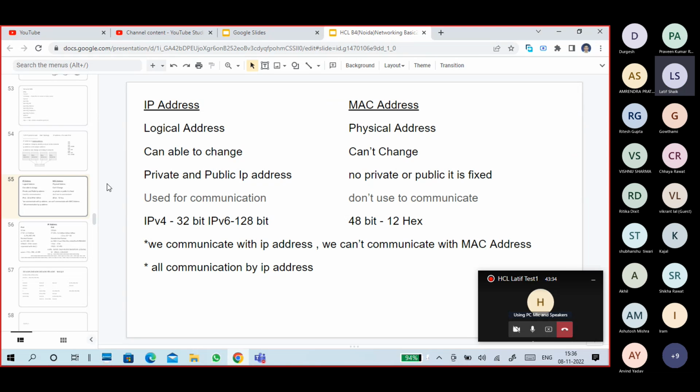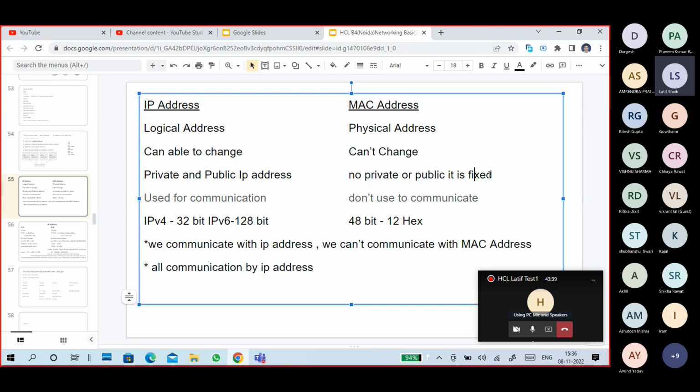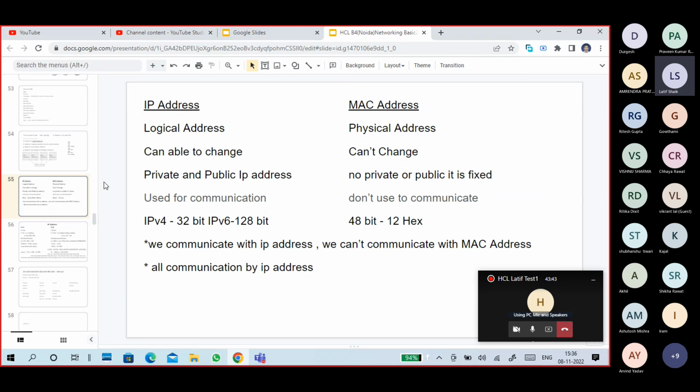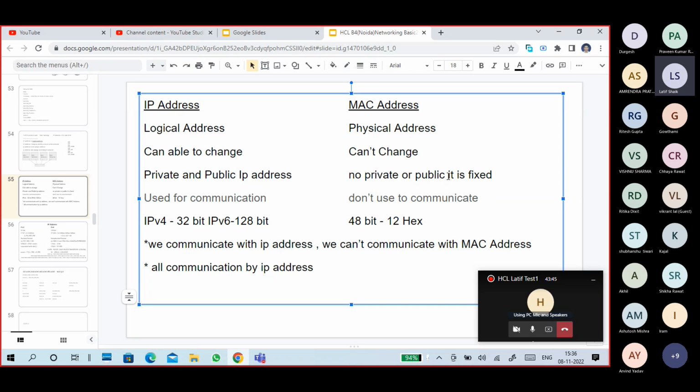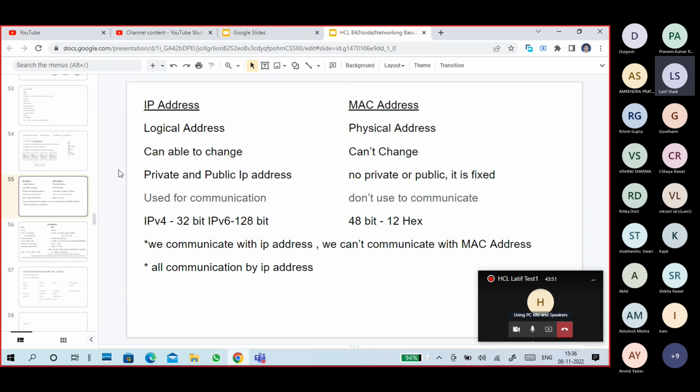But a MAC address cannot be changed. MAC address is a fixed address given by the manufacturer of the NIC.